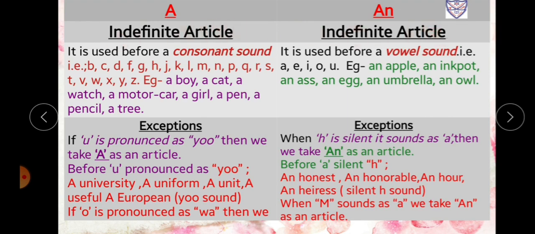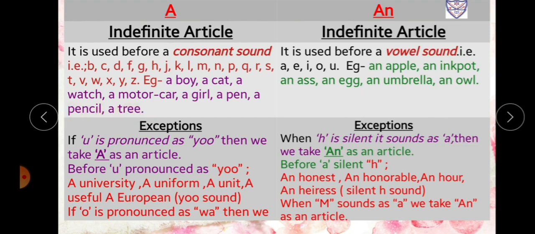Now for a, when a is used as an article, it is used before a consonant sound, that is B, C, D, F, G, H, J, K, L, M, N, P, Q, R, S, T, V, W, X, Y and Z. For example, a boy, a cat, a watch, a motor car, a girl, a pen, a pencil, a tree.